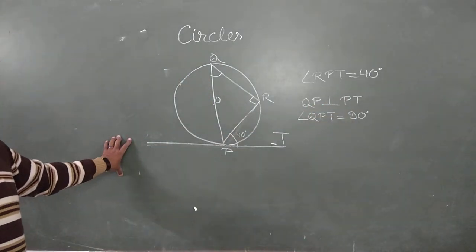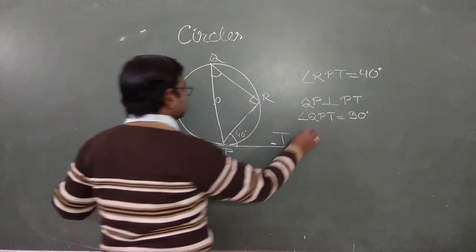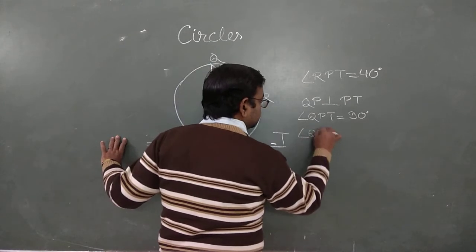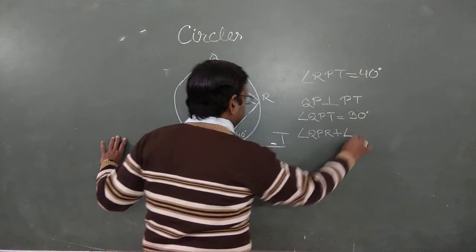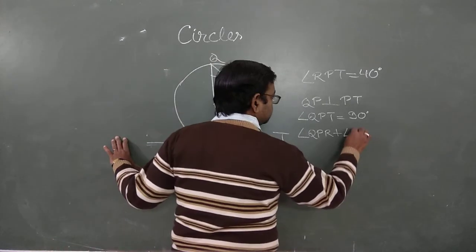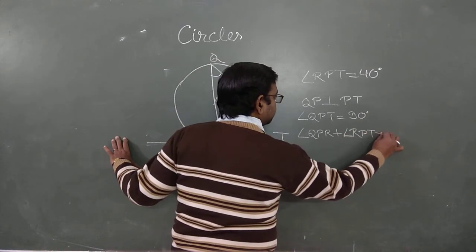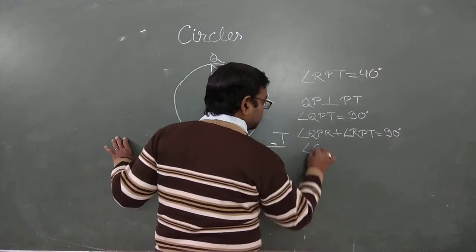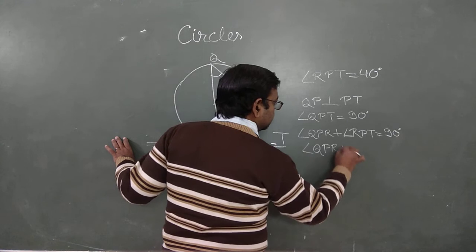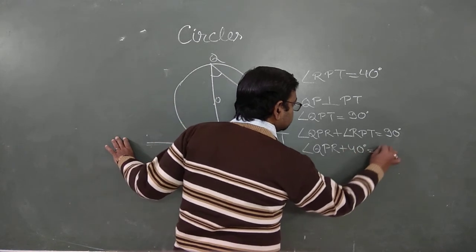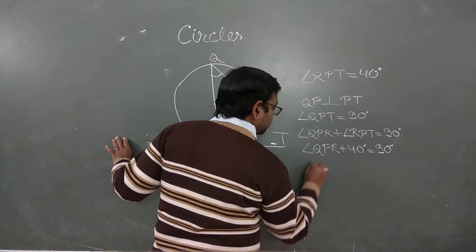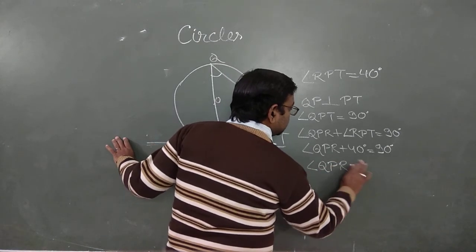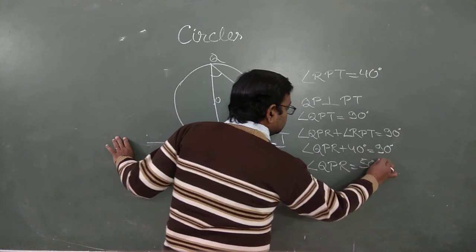So angle QPT equals 90 degrees, and this QPT is equal to angle QPR plus angle RPT, equals 90 degrees. We don't know the value of QPR, so QPR plus 40 degrees equals 90 degrees. Angle QPR equals 90 minus 40, it's 50 degrees.